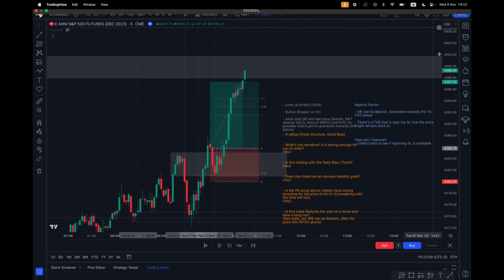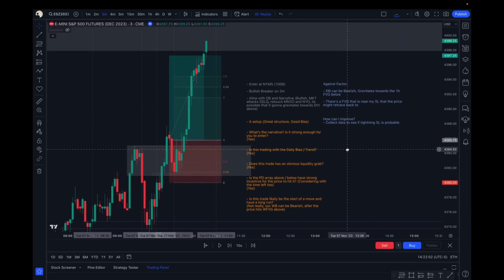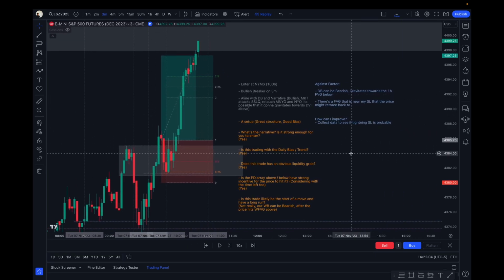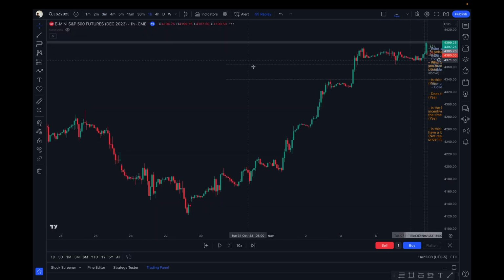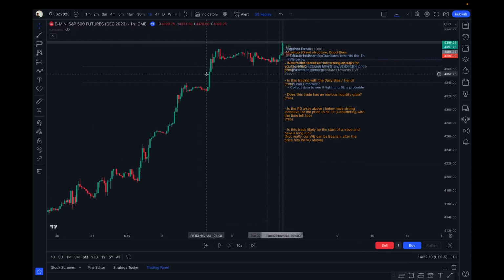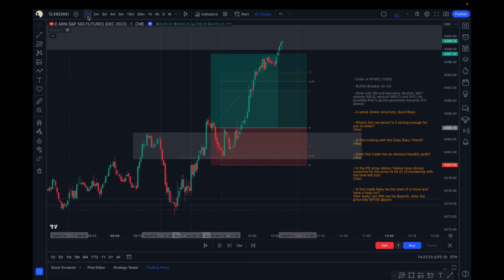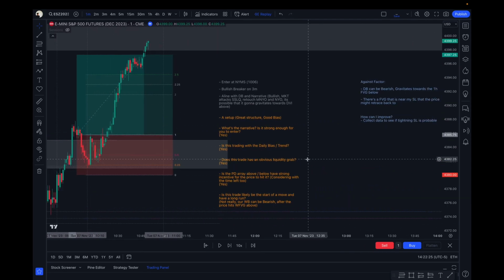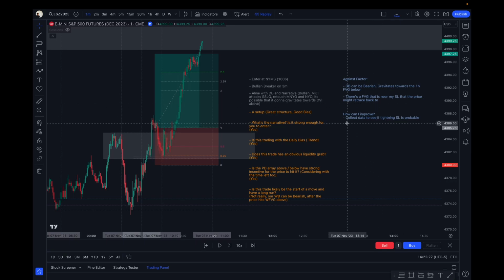And then we're gonna mark up the against factors. The bias can be bearish, we can be wrong, because the market already went up for quite a long time, and there's a 1 hour fair value gap down below. The market can easily retrace back to there. It's a really clean fair value gap, and there's a lot of sell side liquidity down here too. So yeah, weekly or daily bias can be wrong.